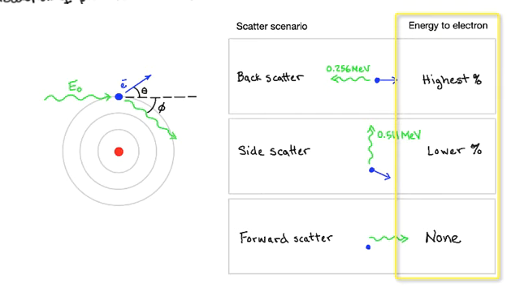Highest percent of the incoming energy is imparted to the electron. When you're side scatter, it's lower. And then when you're actually forward scattering, there's actually no energy imparted to the electron at all. It stays all with the photon.